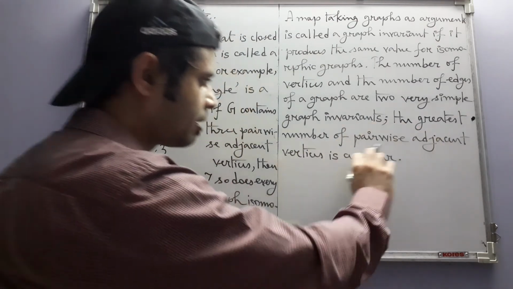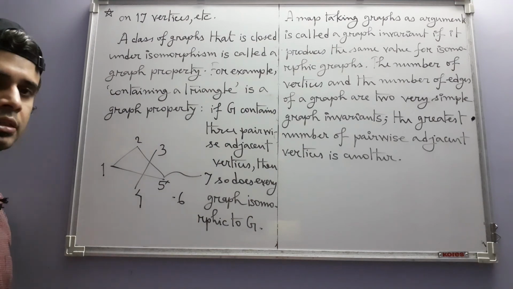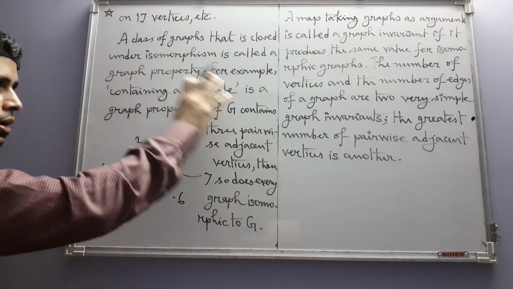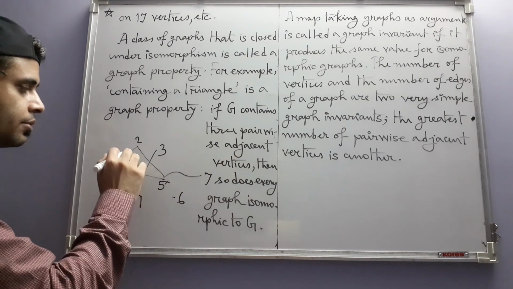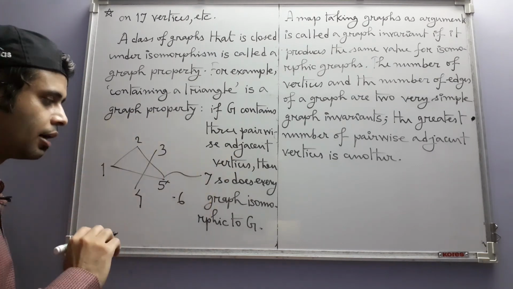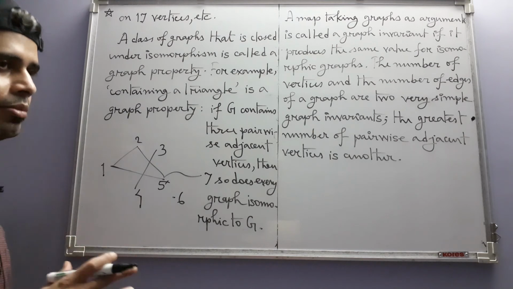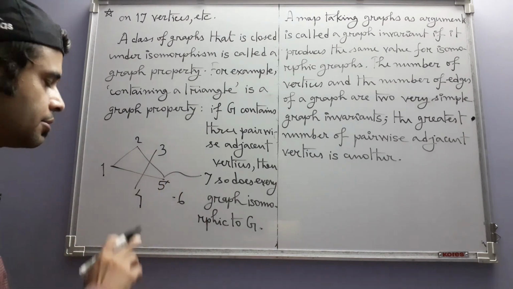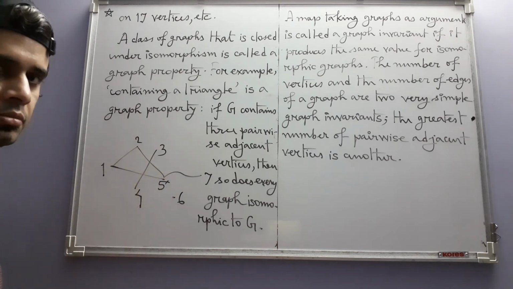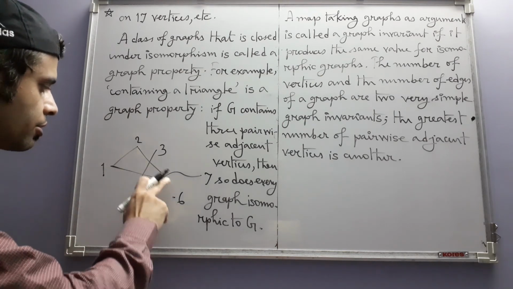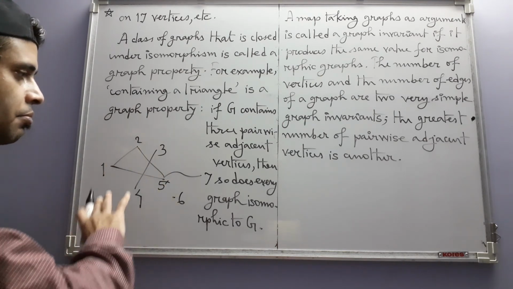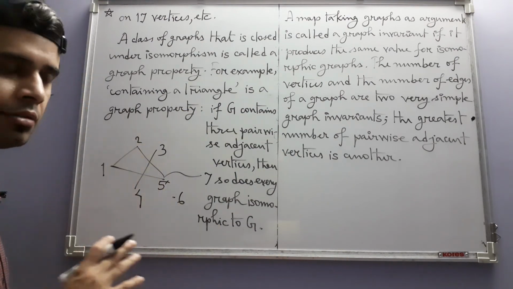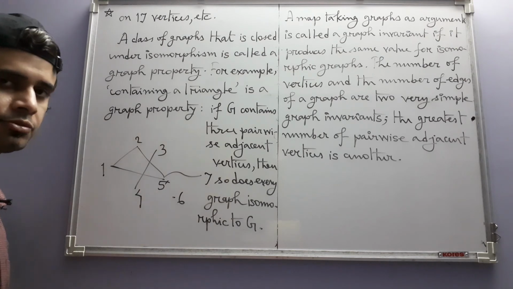The greatest number of pairwise adjacent vertices is another. Say in this case, it's actually a generalization of this property. For this particular graph, what is the maximum number of pairwise adjacent vertices? 3, because you don't have any larger complete graph inside this graph.